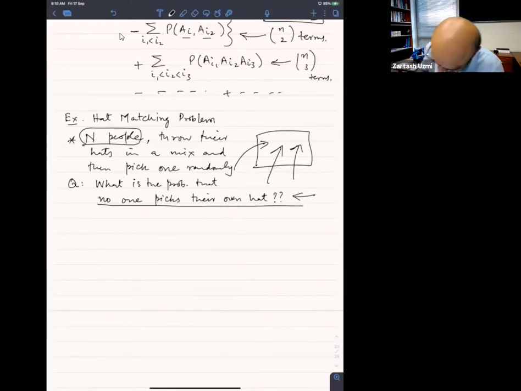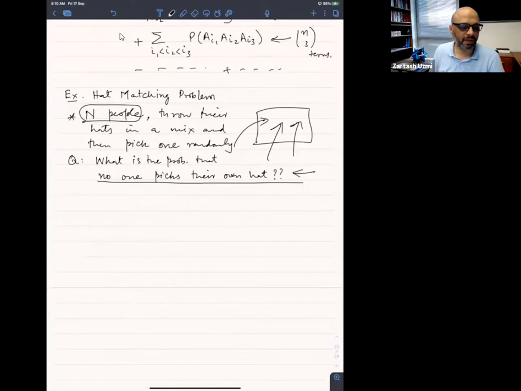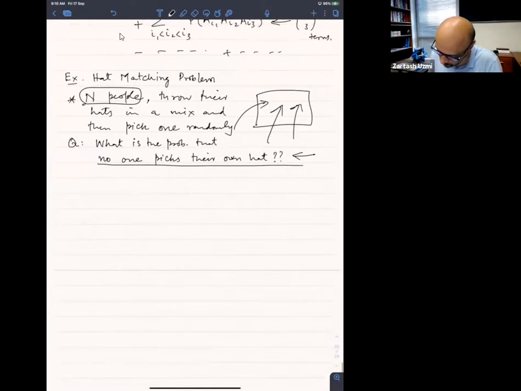Now, what is the probability that no one picks their own hat if you have a larger number of people?